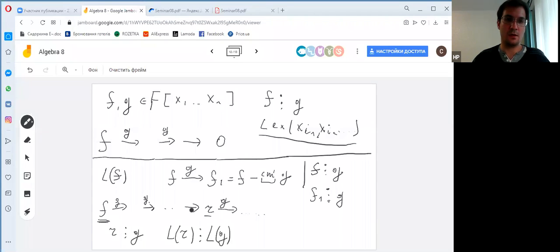So you cannot reduce infinitely many times. You just go to a remainder, because the leading term becomes smaller, and it couldn't become smaller infinitely many times.